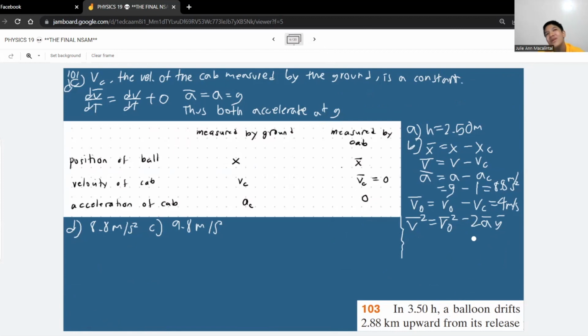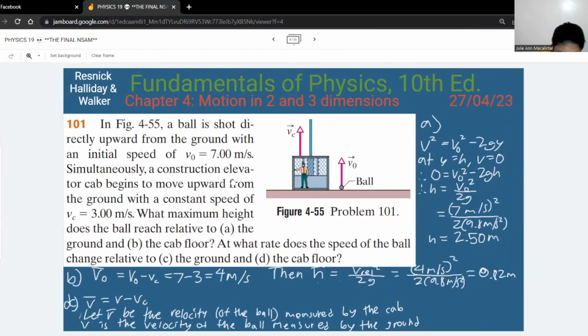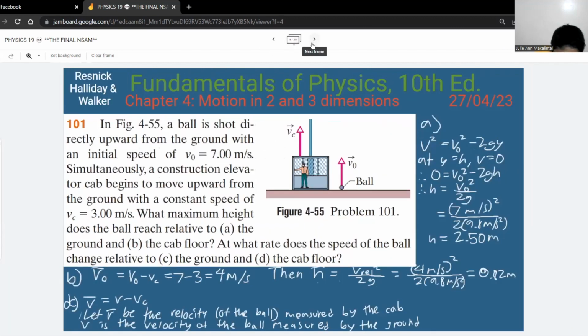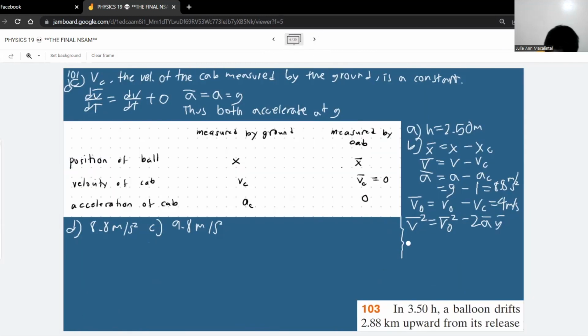Yung V naught bar is, we also know, di ba? Kamo, 3. Wait, that's going, Y bar pa rin yan, kasi V bar squared pa rin yan eh.